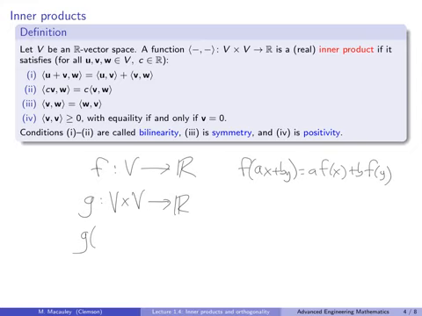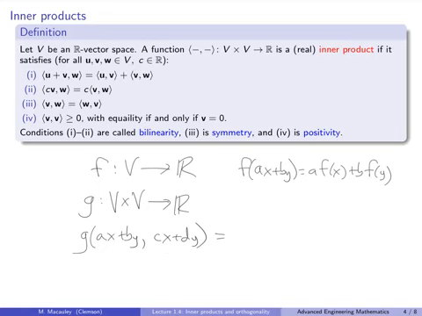So I could write something like G of ax plus by in the first coordinate and cx plus dy in the second coordinate. And I want to ask, what does something like this equal? Well, bilinearity means that if you fix one of the coordinates and treat it as a constant, then it's linear in the other coordinate.